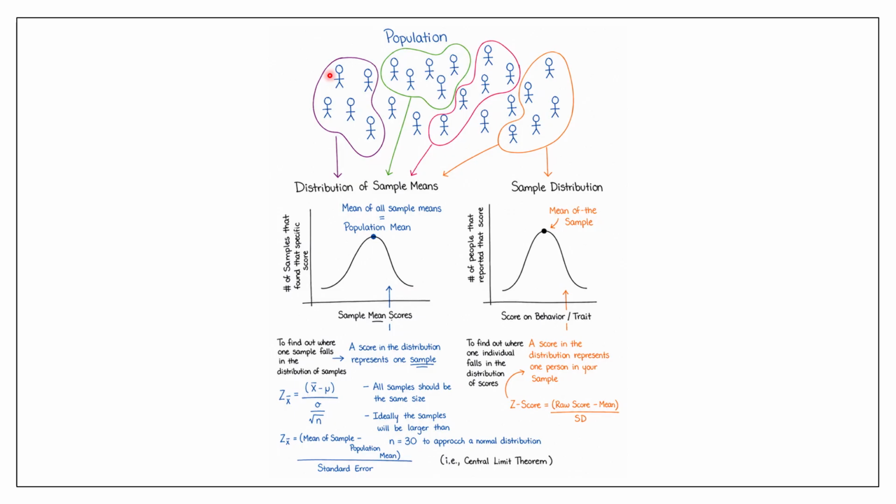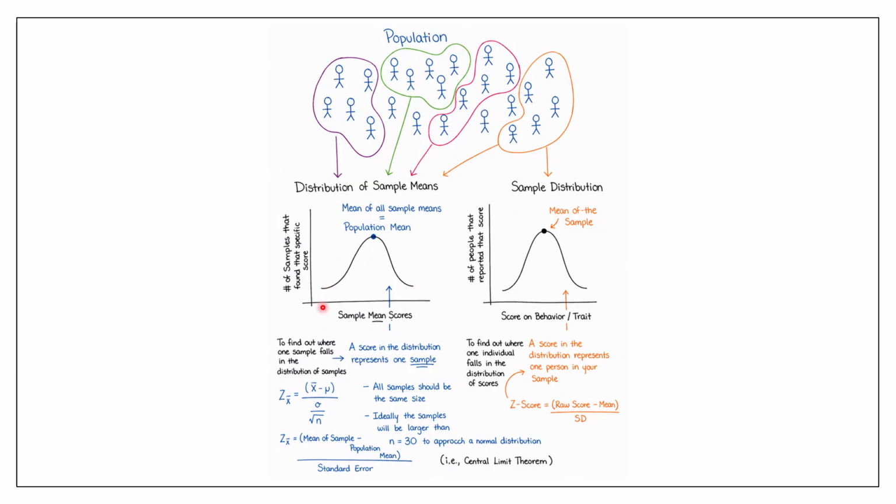And then the mean of this sample is what goes into the scores of this distribution. So I don't get each individual information and then that goes here. No, it's going to be the mean of this sample, the mean of the green sample, the mean of the pink sample, and the mean of the orange sample that goes into the distribution.